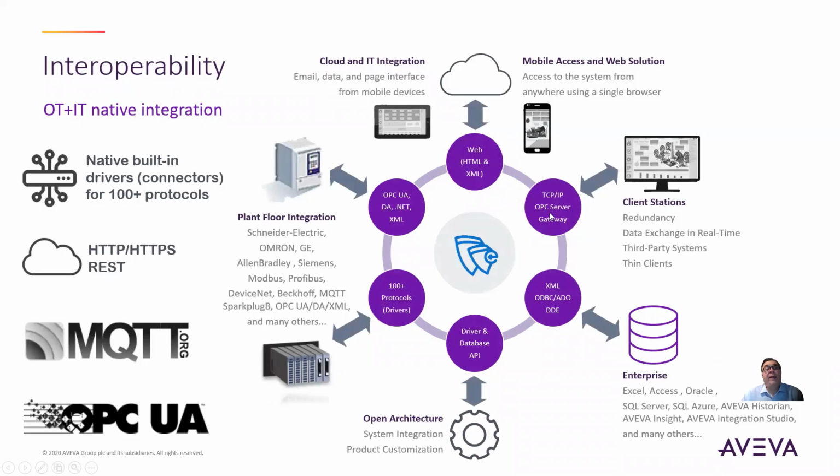If we are an OPC server, then third-party clients can come access our tag information. So if you look at the center of this diagram, it's really AVEVA Edge tags here, and not only via drivers and OPC, but interaction with web services and databases.